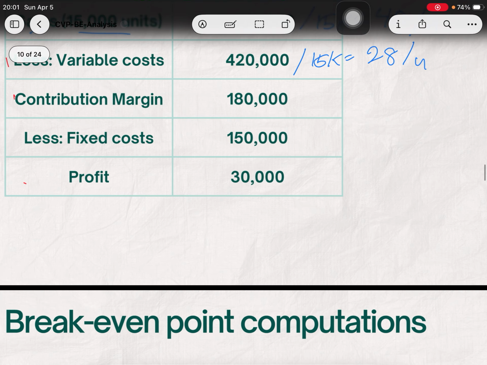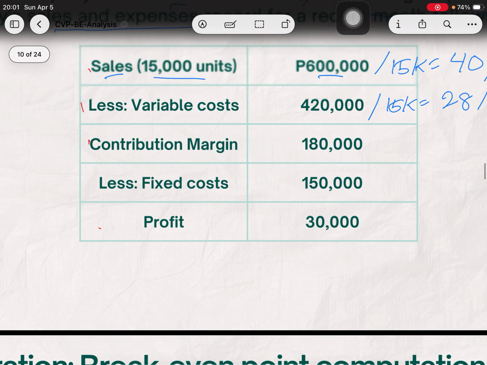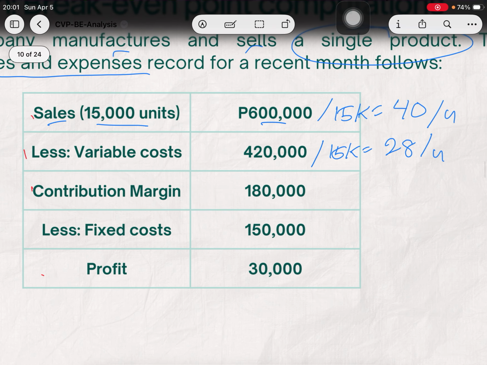Okay. Next question. Contribution margin per unit. Ayan. So, ganun din. 180,000 divided by 15,000. The answer is 12 pesos per unit.